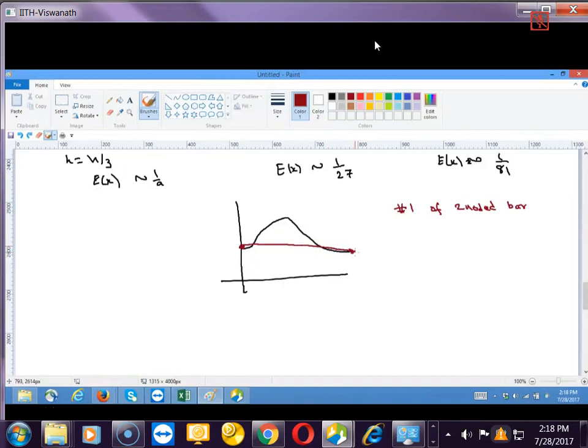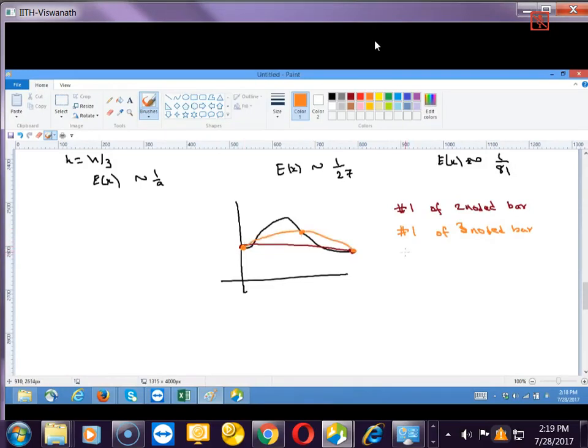Now similarly, if I use still one element of a three noded bar, you have a node here, you have a node here. Let's say the mid node is here. Then this is still a one element solution, but your approximation for this case is something like this.